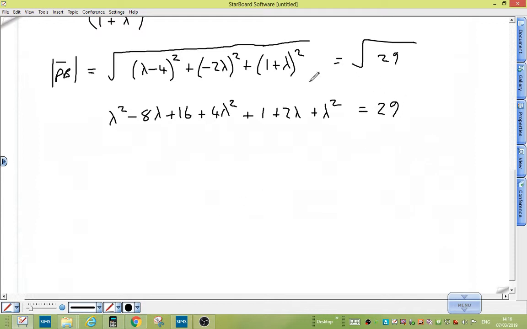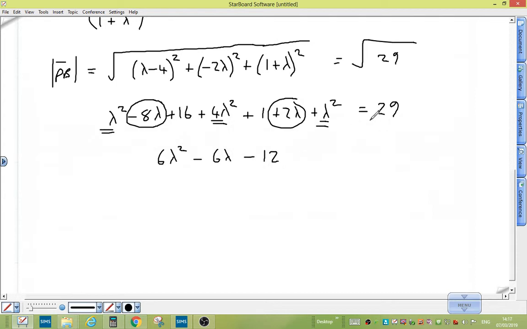Everything's going to be got over to the left hand side. I have got 6 lambda squareds. I have got minus 8 plus 2, minus 6 lambda, and I've got 16 plus 1 is 17. That comes over with the 29 to make minus 12.